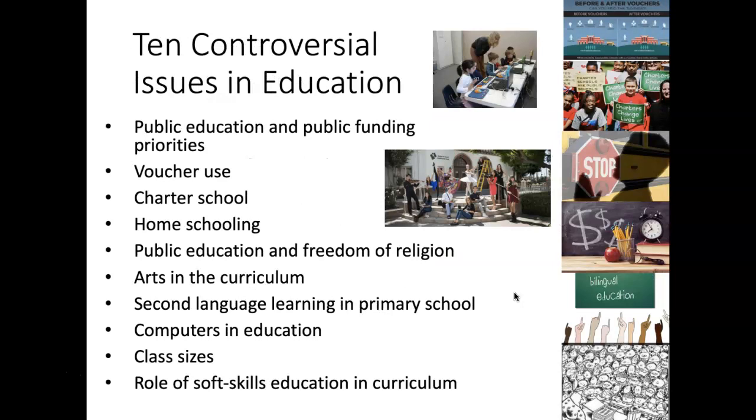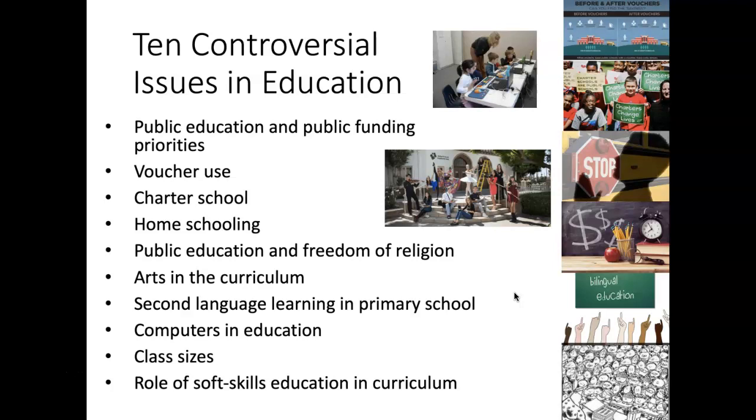There are 10 controversial issues in education today, and we'll be looking at some of these in discussion, so I'm looking forward to hearing your thoughts on these. First is public education and public funding priorities. What are we funding and what are our priorities in different areas? The second is the use of vouchers, giving vouchers to parents to pay for their schooling in private schools. Usually this means that the voucher is paying for part of the education and then the parent is paying for the rest of it. And so vouchers don't always work for low-income families.